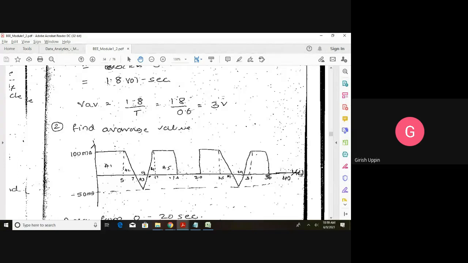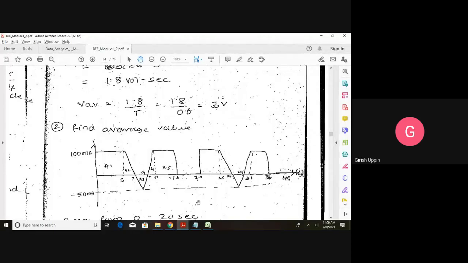Then it will become 0, and for the next 4 seconds it is 0. And if you see here, this cycle will repeat. Now it is 100 milliamperes for 5 seconds. So you can see this is the end.